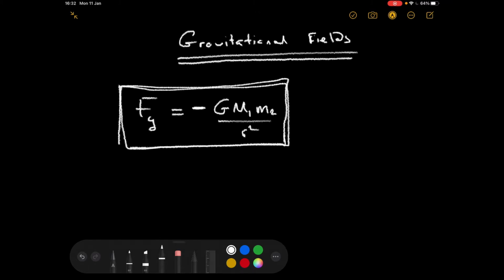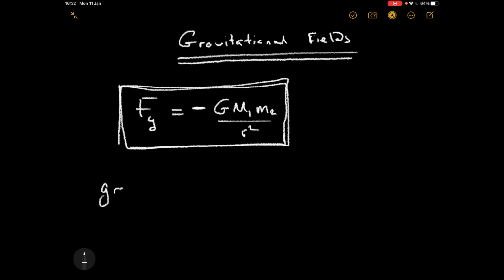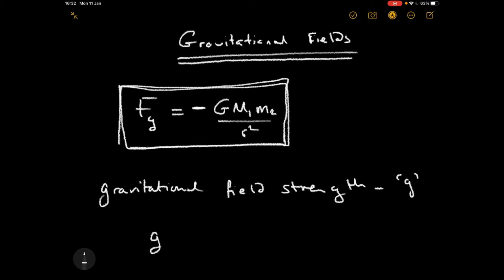Now, gravitational fields is the thing that we're going to talk about, and what we need to talk about when we think about gravitational field strength, which since you first came across it in year 9 has always been a little g, and g has units of newtons per kilogram.